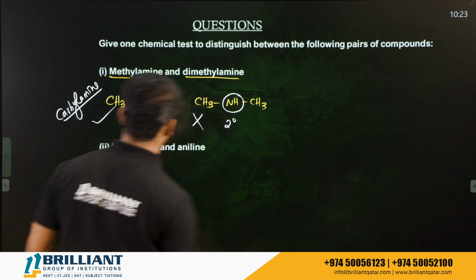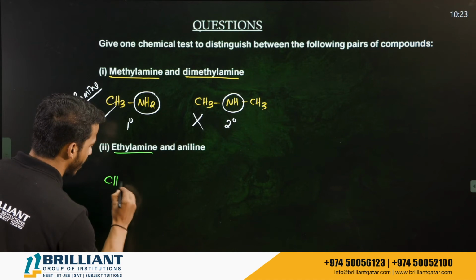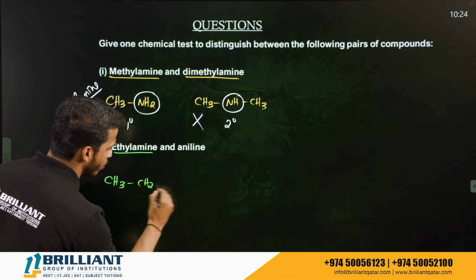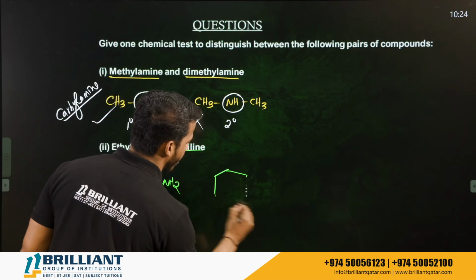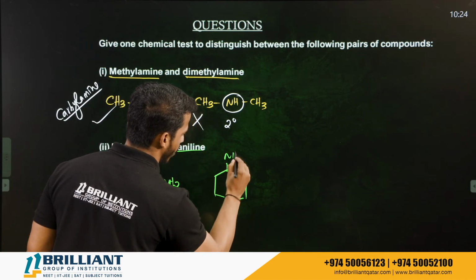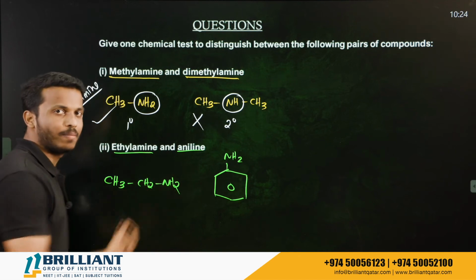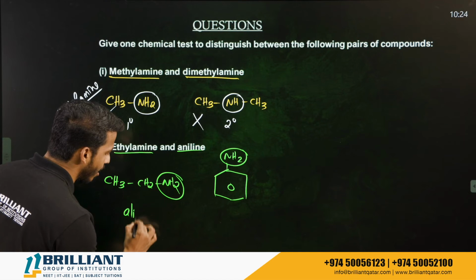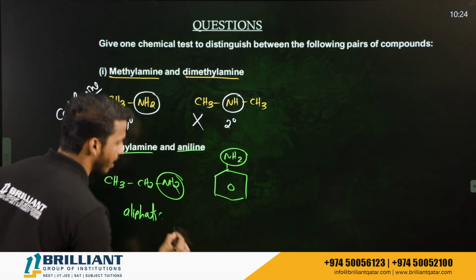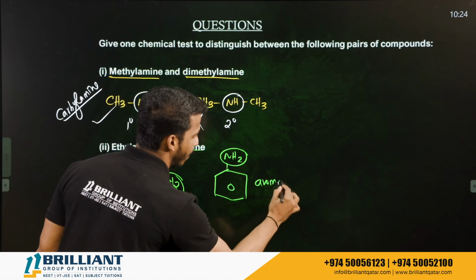Let's go to the second question. Ethylamine, CH3CH2NH2, and aniline, which is benzene with NH2. Both are primary amines, because they have an NH2 group. This is an aliphatic primary amine and this is an aromatic primary amine.